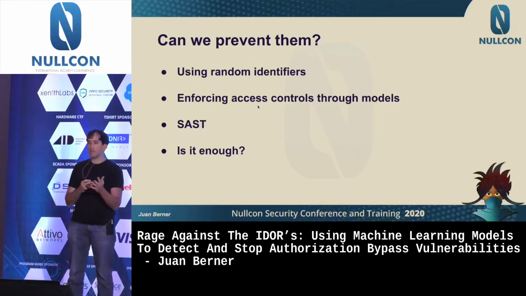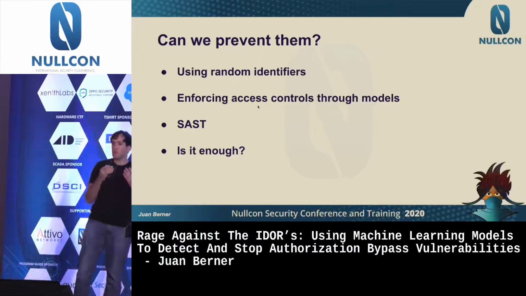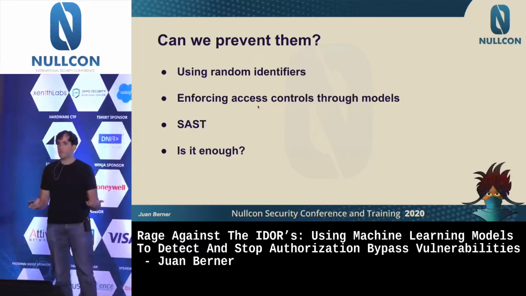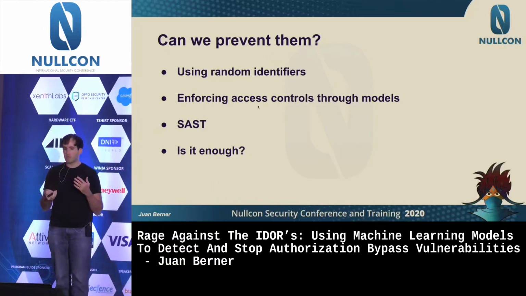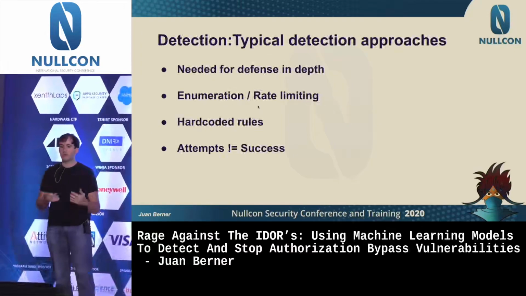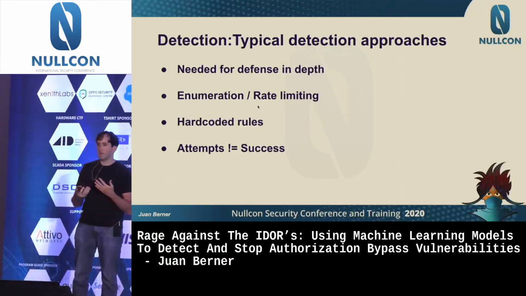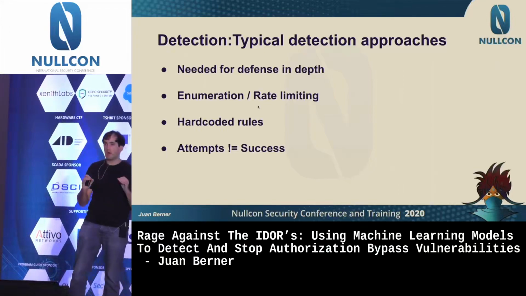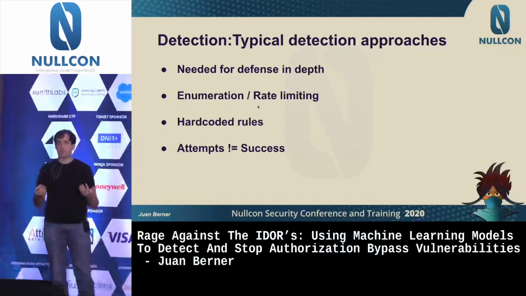Then you can do access control through the models, use static application security testing, but usually the issue is, is it enough? And that's where detection usually comes in as another layer of defense in depth. But the current ways that we have to detect these kind of attacks are very limited from the detection space.